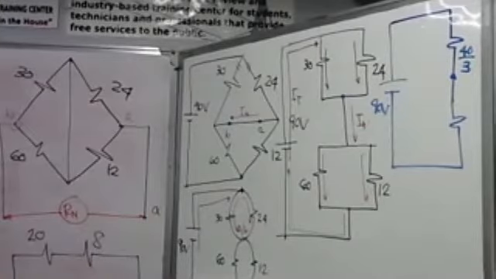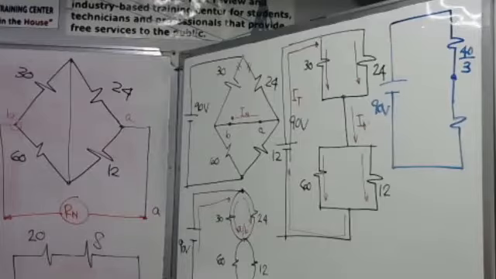What is 60? That is 60 times 12, then divided by 60 plus 12. Is this correct? That is equal to 10 ohms. Okay, that should be less than 12, right? That is 10.